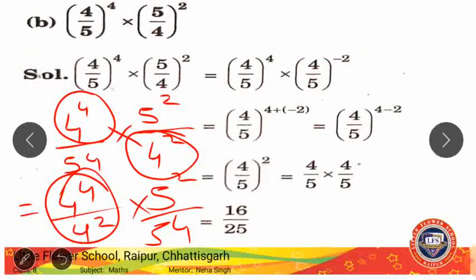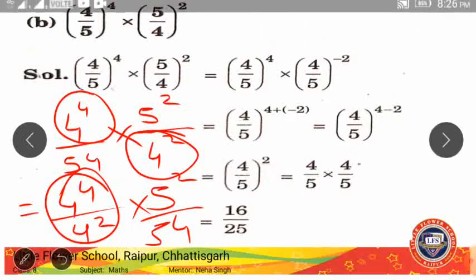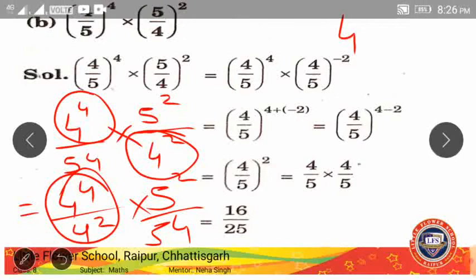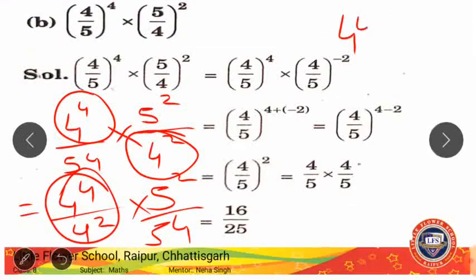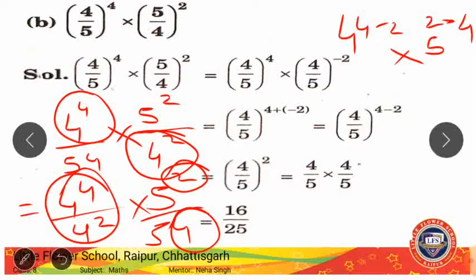We are left with 4 power 4 minus 2 into 5 power 2 minus 4, since here m is 2 and n is 4. So what are we left with? 4 power 2 into 5 power 2 minus 4, which is minus 2, since the greater number has the minus sign.